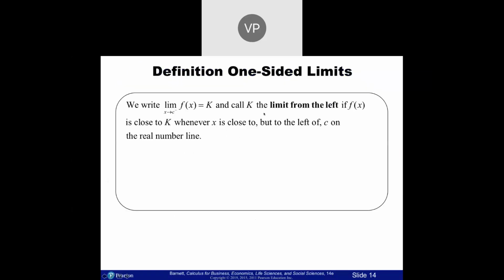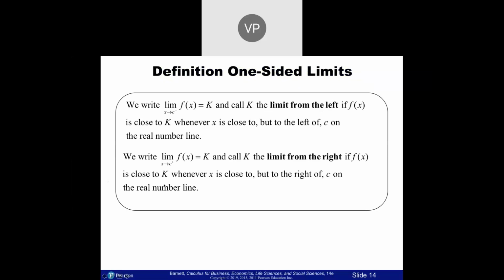So, look at this next slide here. The limit from the left. When we go from the left, it's this little negative right here. You see that negative? It might be hard to see, but there's a little negative after the c right there.